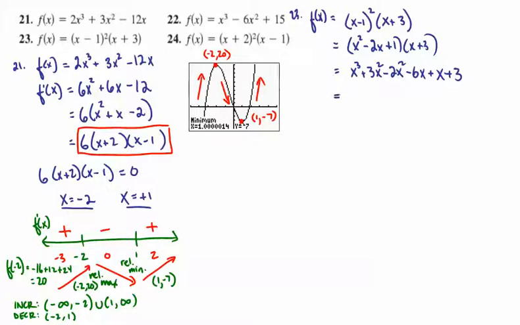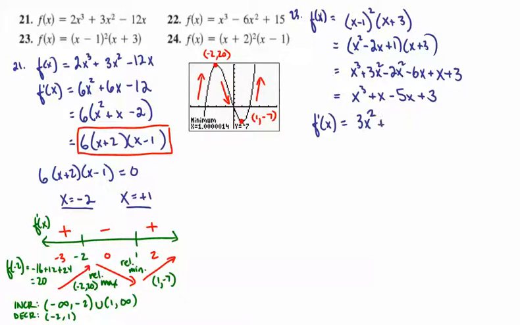We're going to simplify that now. x cubed plus x squared minus 5x plus 3. So however you got to this point, we're ready to take the derivative now. The derivative will be much simpler now that we've done that.